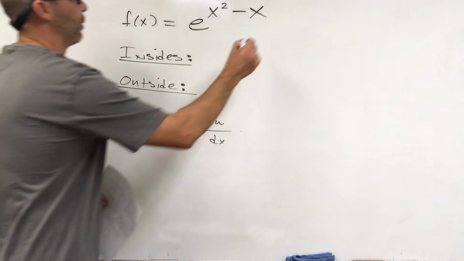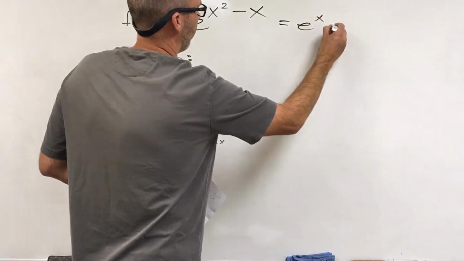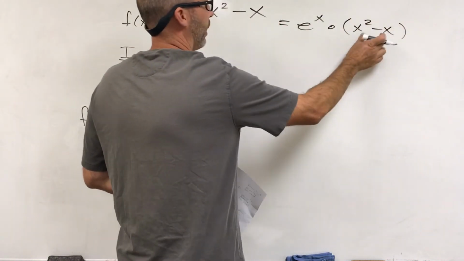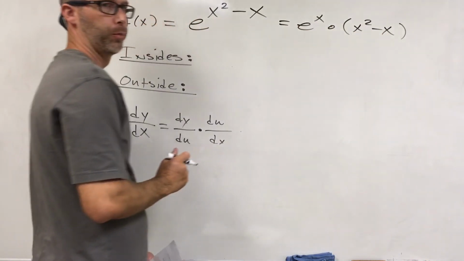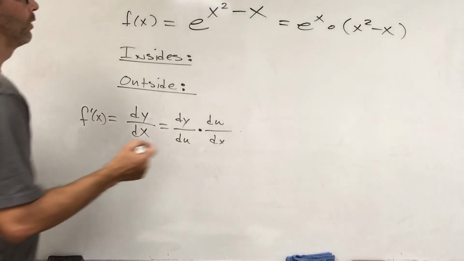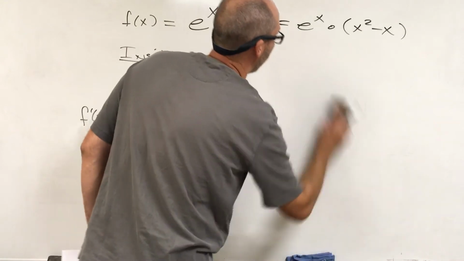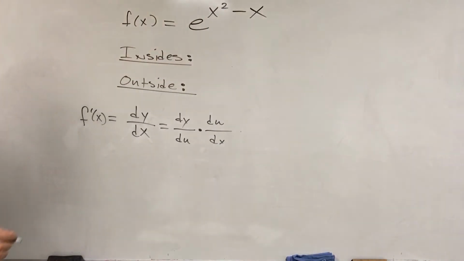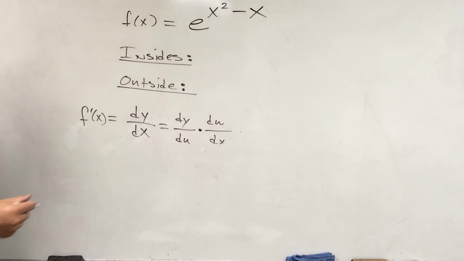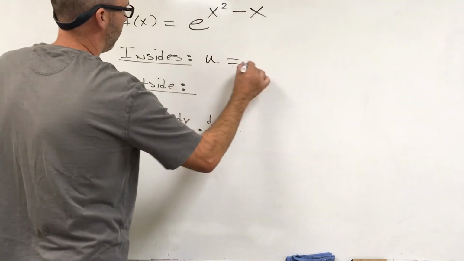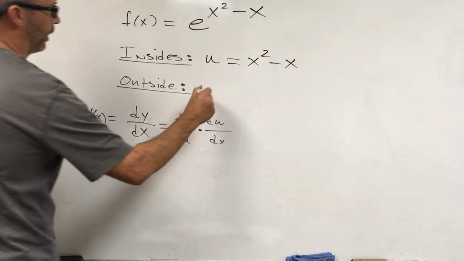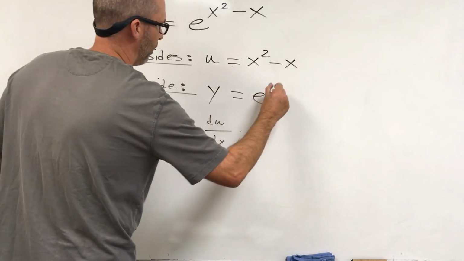All right, this is the composition of e to the x and x squared minus x. It's like you take x squared minus x there and you put it into there. All right, so the inside function, again, you don't have to know that, but it does help. So the inside function, u equals x squared minus x. Outside, y equals e to the u.